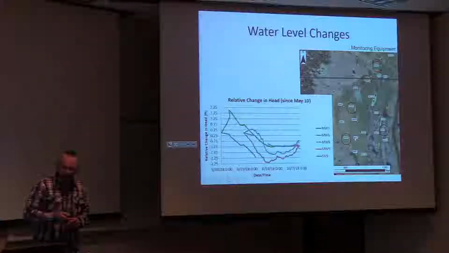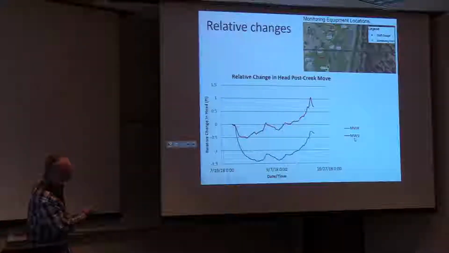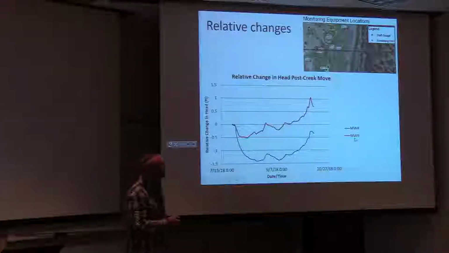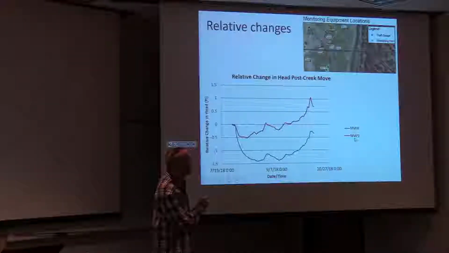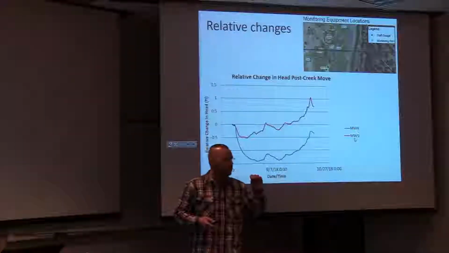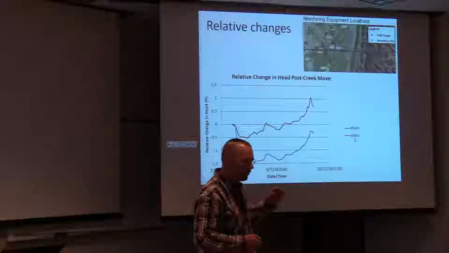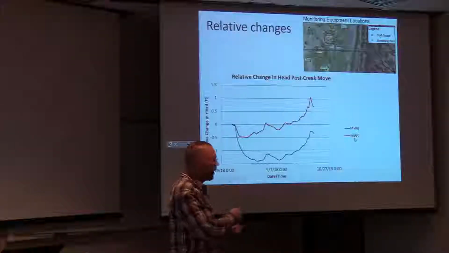This is actually, we're going to highlight, actually it's right here, MW8 and MW9. And this is after they removed the creek that flowed by MW8. It's the relative change in hydraulic head after the creek, so we zeroed out at the time they removed that creek.